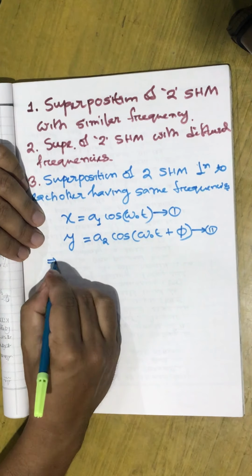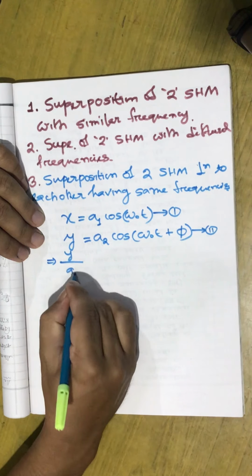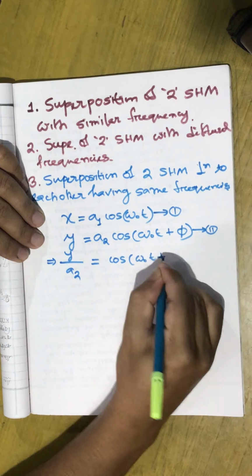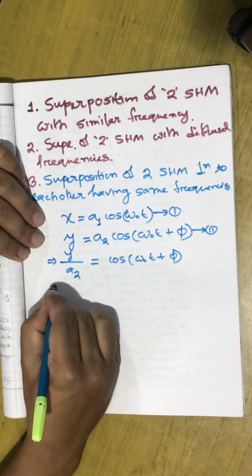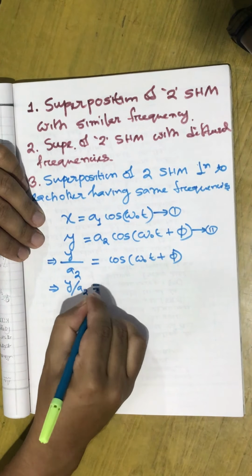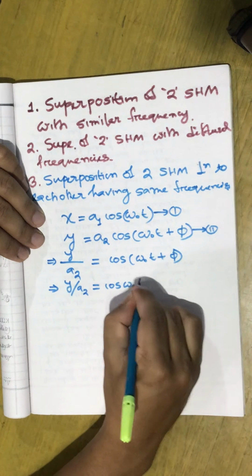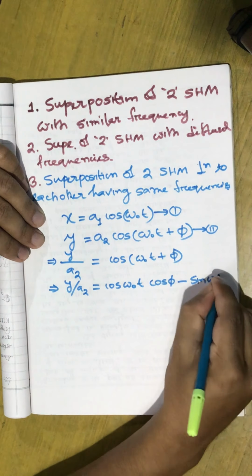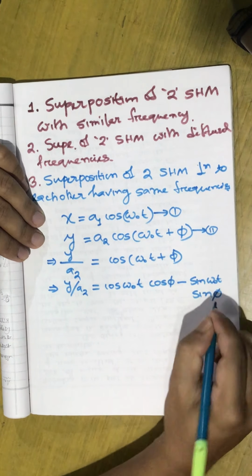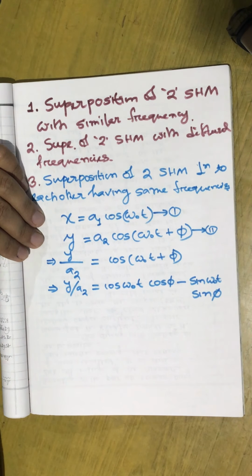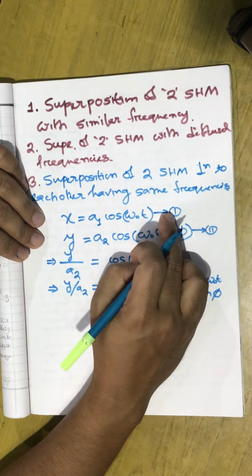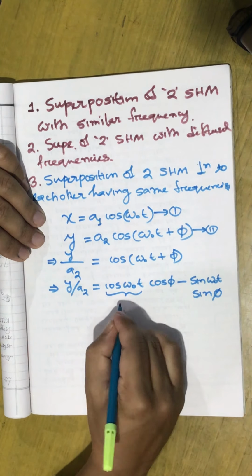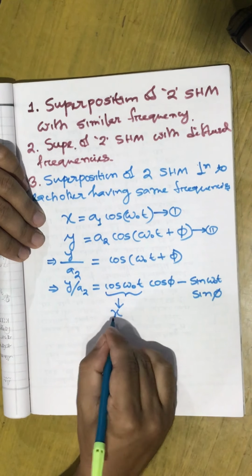From here we can write y divided by a2 is equal to cos of omega naught t plus phi, which is cos omega naught t cos phi minus sin omega naught t sin phi. From equation 1, cos omega naught t is x divided by a1.